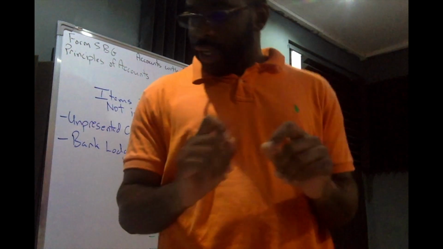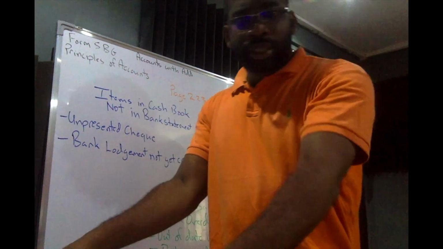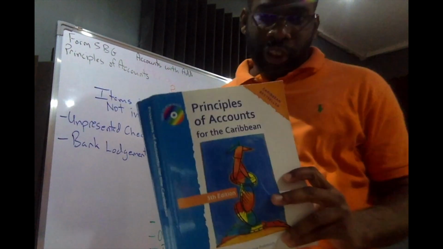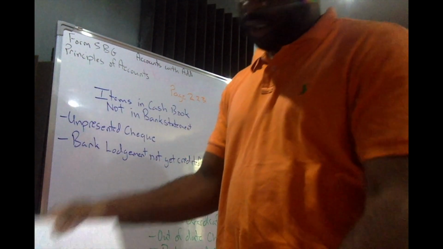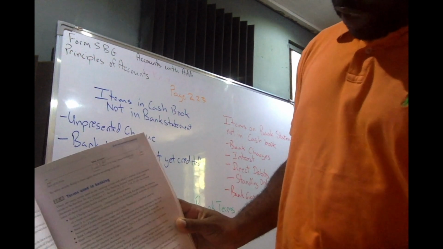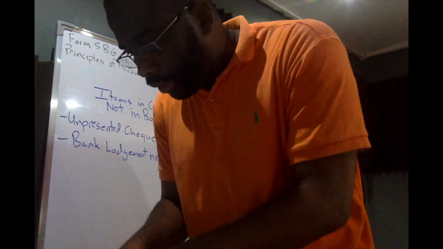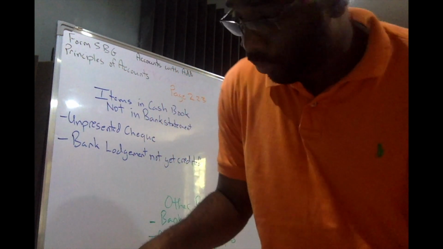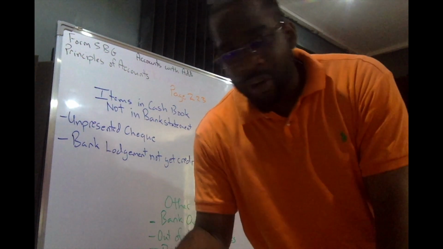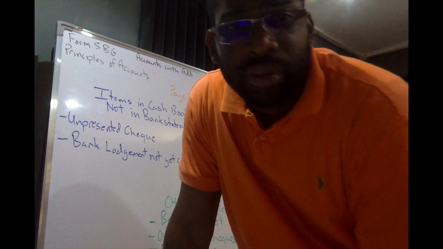Now, if you look at page 229 in your Principles of Accounts text, they have a little glossary for all the bank terms. Now, it states that a direct debit is where a business gives permission for an organization to collect amounts owing direct from their bank.